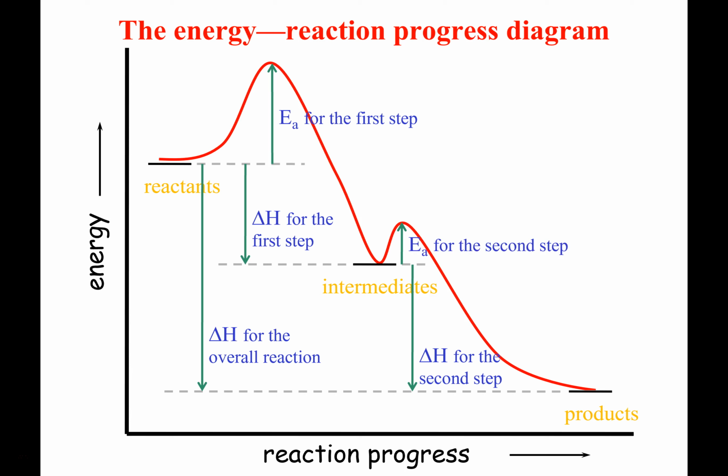This could be the diagram associated with the last mechanism we talked about, because we said the first elementary step was rate determining. A higher activation energy means a slower rate, and the second elementary step was faster.